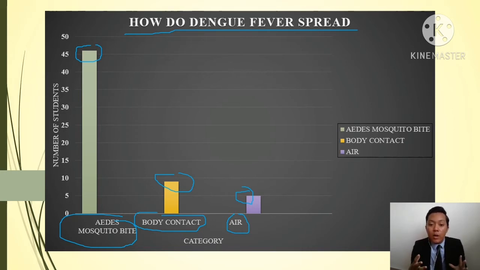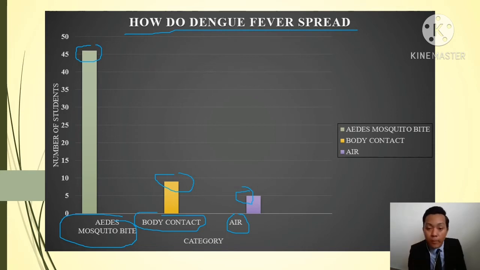Next, body contact versus air. The number of students who voted for body contact was fractionally higher than those who voted for air. It can be clearly seen that 9 students chose body contact and 5 students chose air.